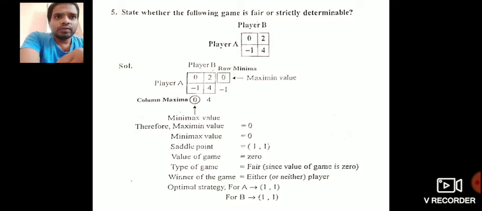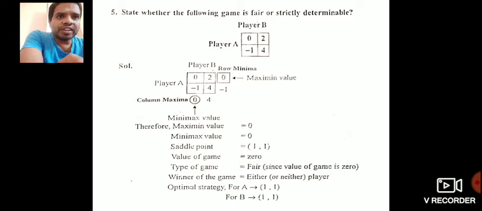Now check the intersection point of the minimax value and maximin value, at row 1 and column 1. The value of the game is 0 at that cell. The type of game is a fair game, because the value of the game is 0 here.